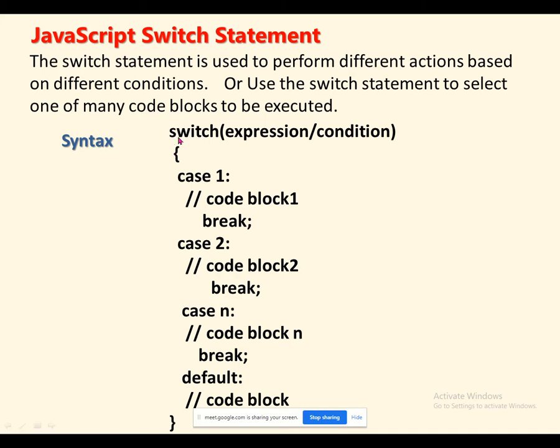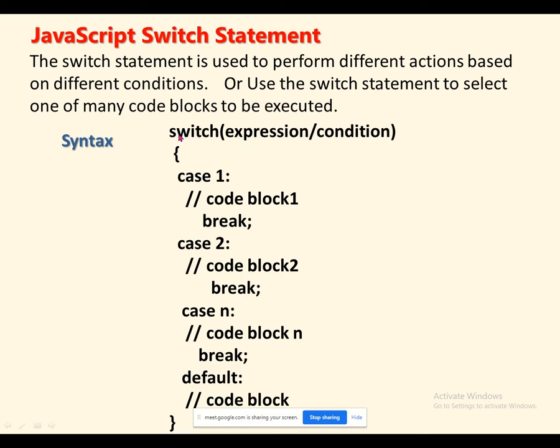Switch, and in brackets you have to give the condition, like in the previous if statement, where you write if and in brackets the condition. Here it can be an expression or a condition, whatever you want to check. Switch directly followed by the bracket, no space. Then start with a curly bracket and at the last close with a curly bracket.